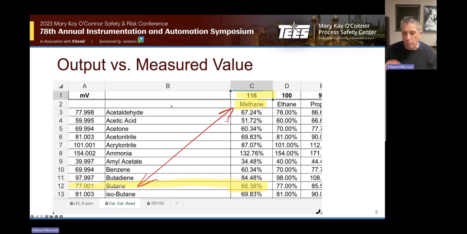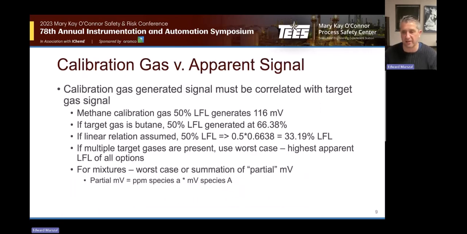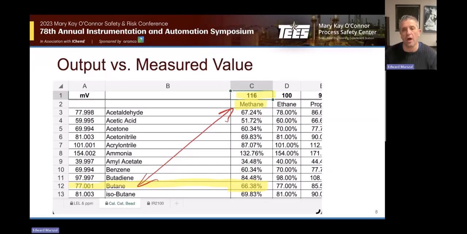So now what the equipment vendor has noted is that there is going to be a difference between the millivolt number that you see for your target gas versus other gases. There's going to be more information on the next slide that gets into a little bit more detail.